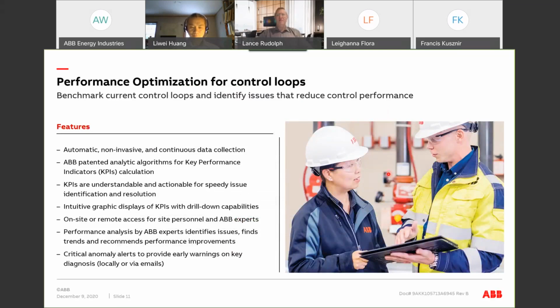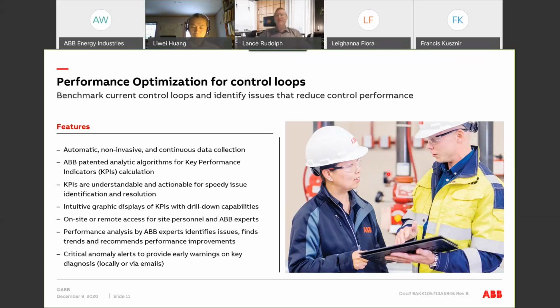So imagine if there was a way to use simple PID data that's already been collected and stored in your DCS or in your historian, and then automate the analysis of that data through some analytics or mathematical equations that represent years and years of research and domain knowledge in terms of interpreting the data, and then using the outcome to generate an easy to understand picture which gives you a visual of the health of all your PID loops. Being able to use this view to quickly navigate to the areas where you can have the biggest impact on basically being able to make more money.